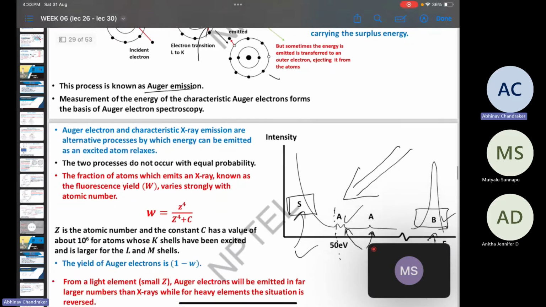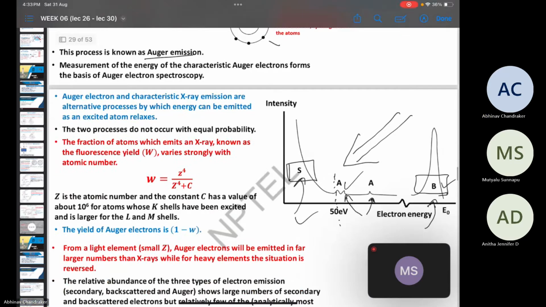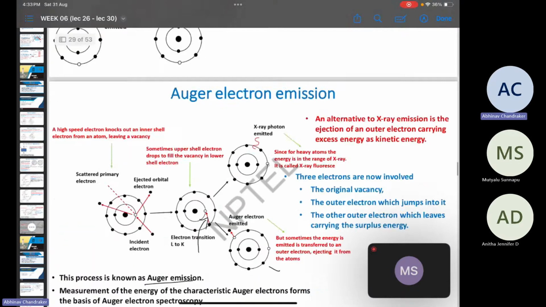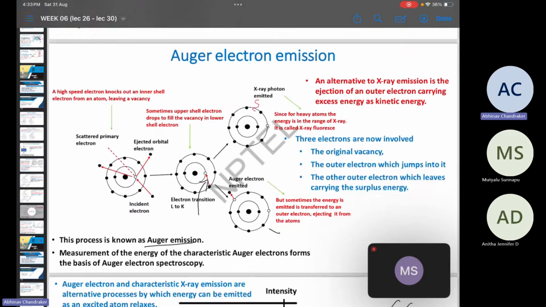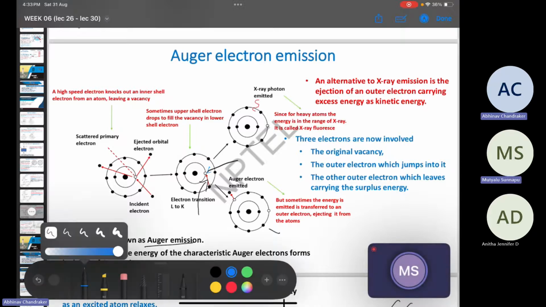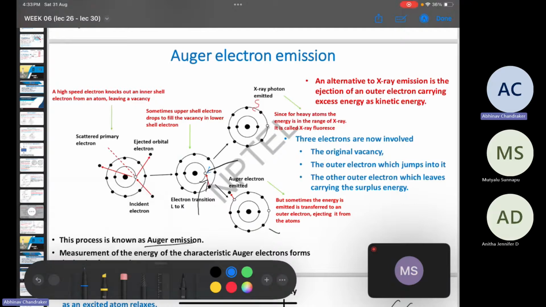The generation of Auger electrons is similar to the generation of characteristic X-ray, but the difference is that when the electron from the inner shell has got knocked out and the atom is excited, after that either there can be a transition of an electron from outer shell to inner shell to relax the atom, and that will lead to X-ray photon emission, which is characteristic X-ray.